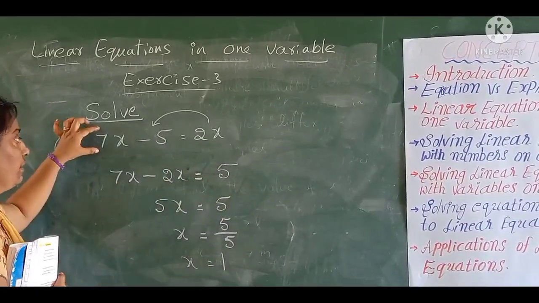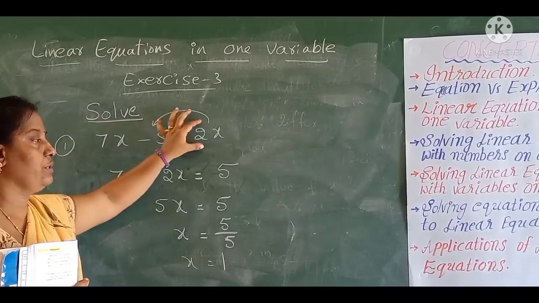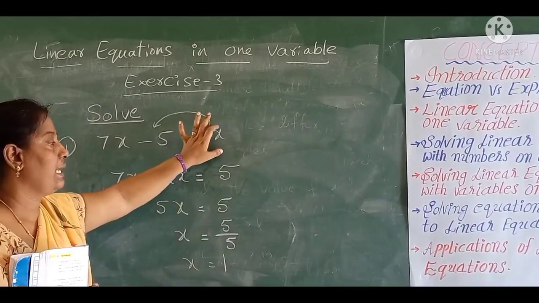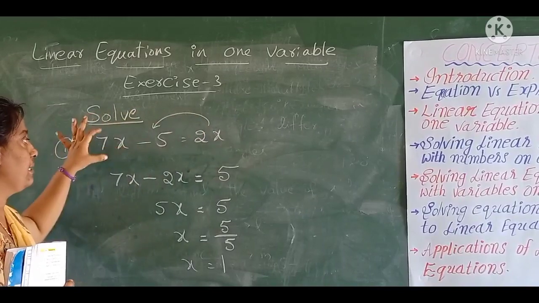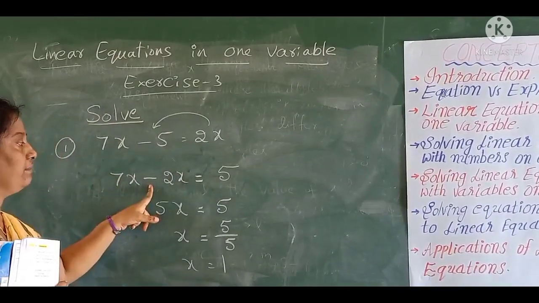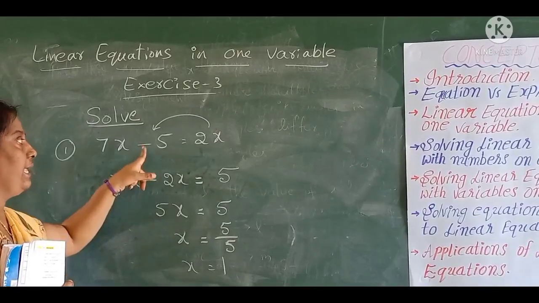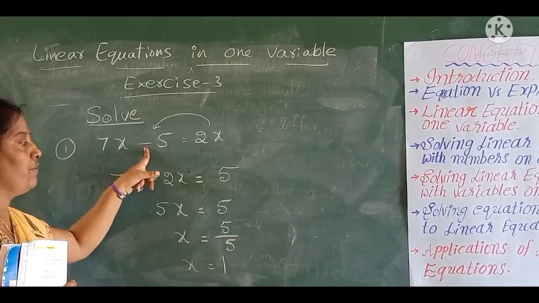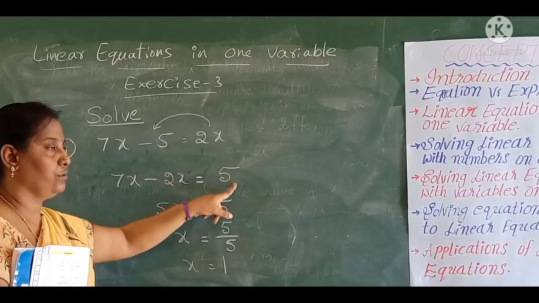So here 7x is a variable and 2x is one more variable on the right side. Moving to the left side, positive 2x will become minus 2x. Negative 5 is a constant; moving to the right side, it will become positive 5.